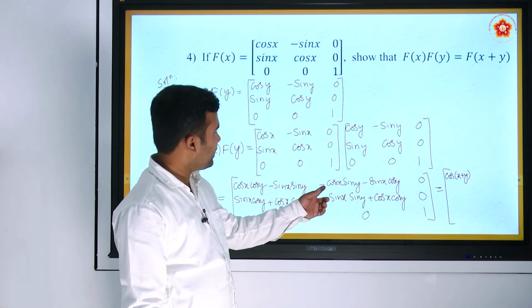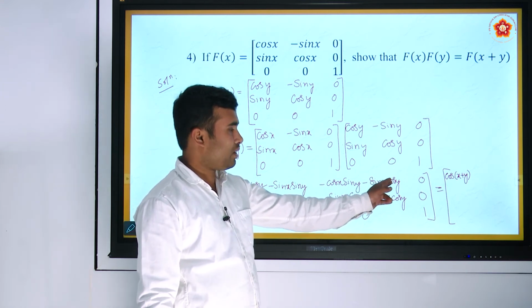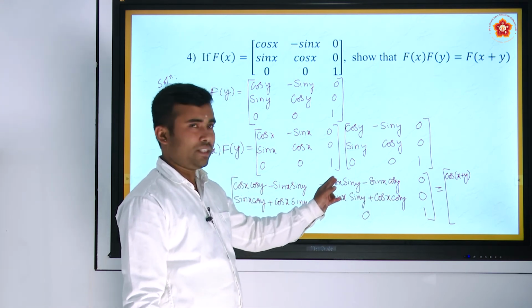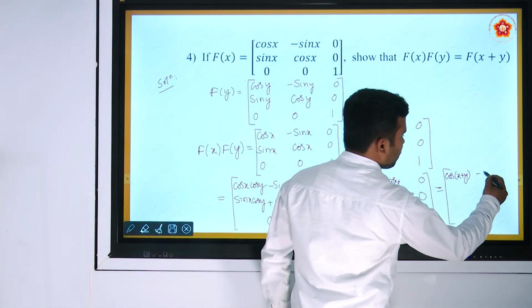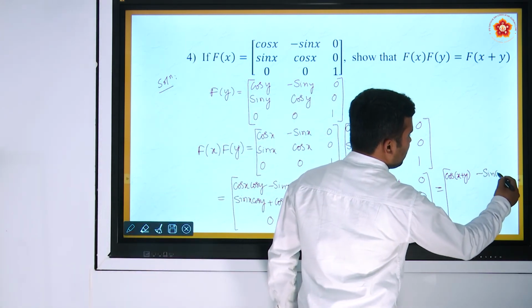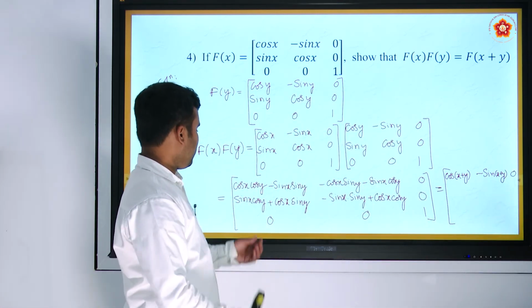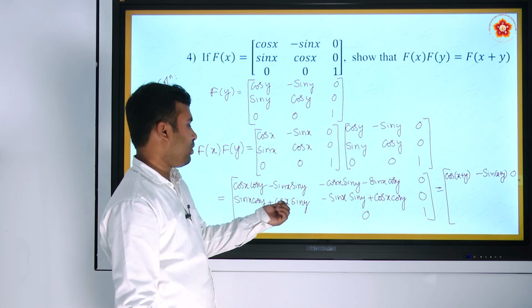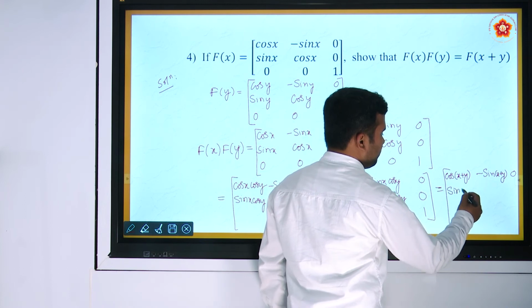And here if I take minus out, then I will have sin x cos y plus cos x sin y, like the standard formula, which is minus of sin of x plus y, and the other one is 0. And here sin x cos y plus cos x sin y is sin of x plus y.